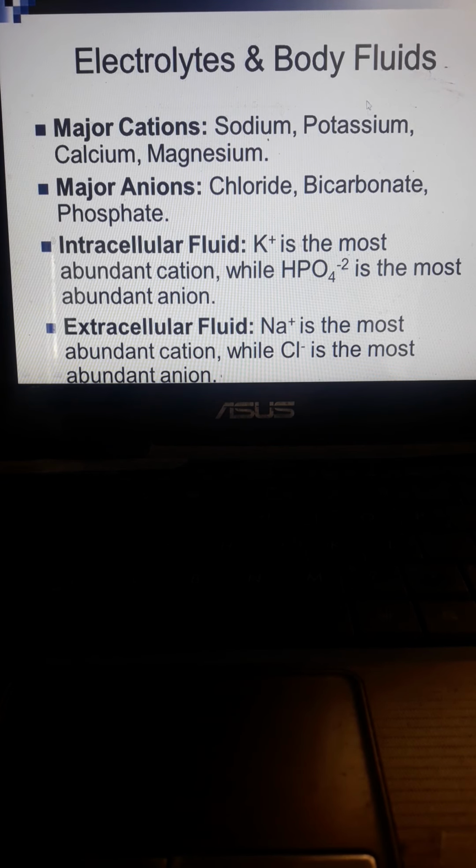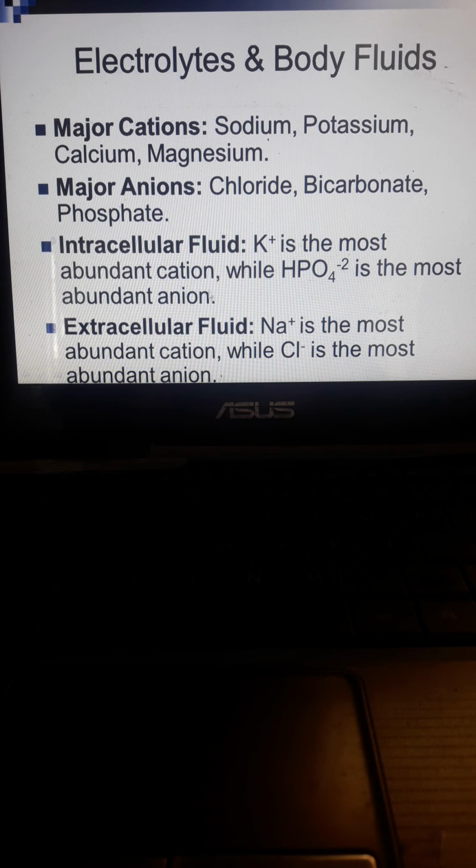Charges of an atom. So, electrolytes and body fluids. Major cations are sodium, potassium, calcium, and magnesium. These are considered to be the positive charges. And major anions, chloride, bicarbonates, and phosphates, are the negative charges. In the intracellular fluid, potassium is the most abundant cation, while biphosphate is the most abundant anion.